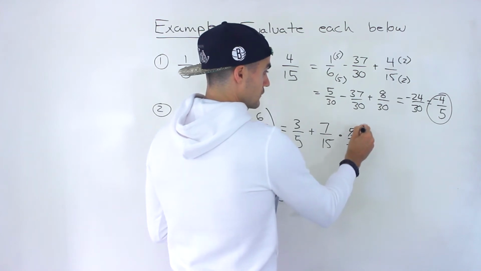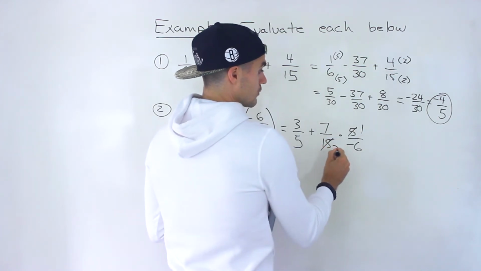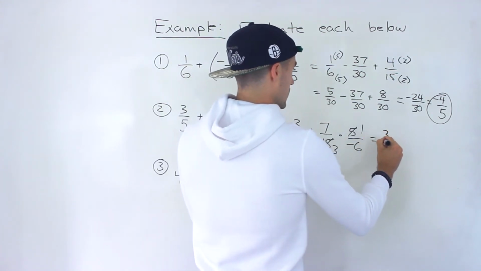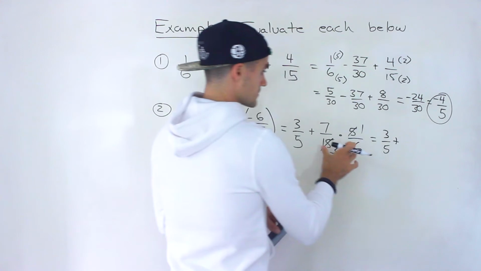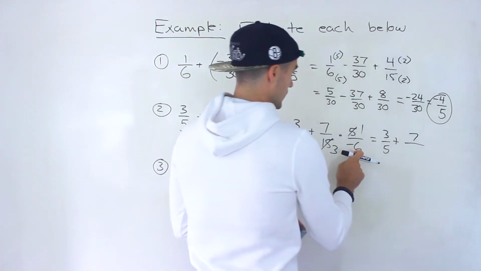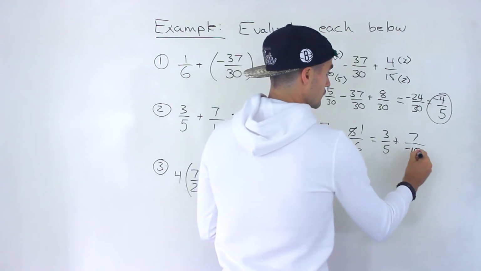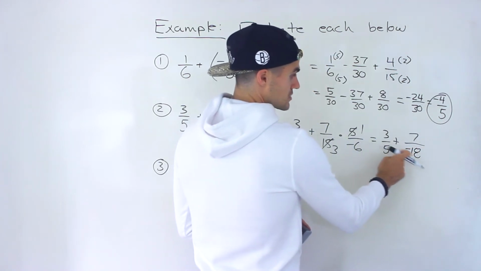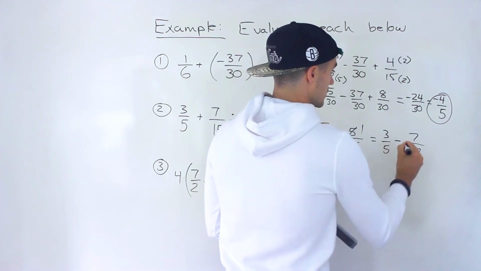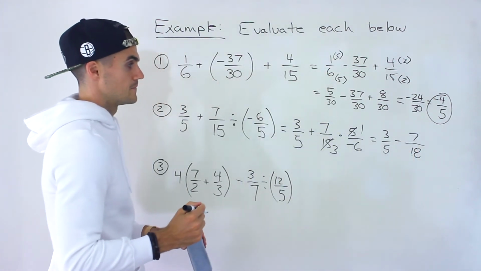you can simplify here, so the 5 goes into the 15 3 times, and so we'd end up with 3 over 5 plus, over here we'd have 7 times 1, which is 7, and then we'd have negative 6 times 3, which is negative 18. And then this plus or minus here, we can actually just change that to be a minus, right?